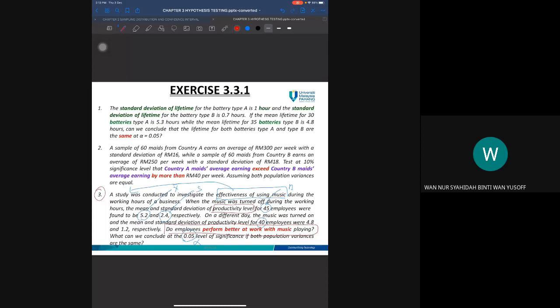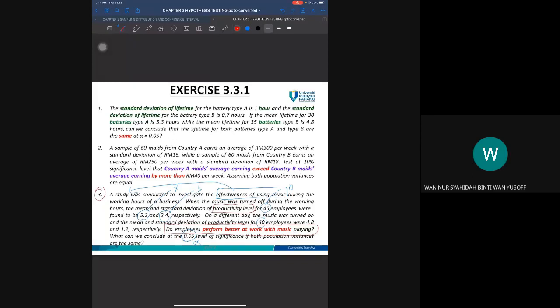First we know that we have quantitative data, productivity level, we calculate mean, we calculate standard deviation from that. So the most suitable parameter to use is mu and also sigma. Definitely it is not pi, because pi is for qualitative data. So we have either mu or sigma.